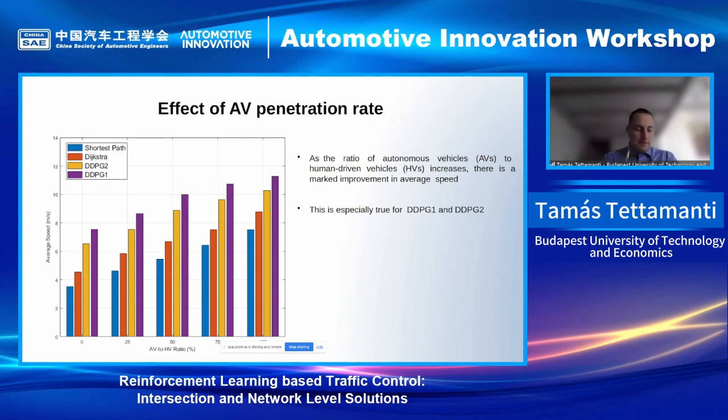And from left to right, you can see the ratio by quarters. And as expected, fortunately, DDPG1 and 2 have better and better results and benefits if the ratio of automated vehicles increases as well.